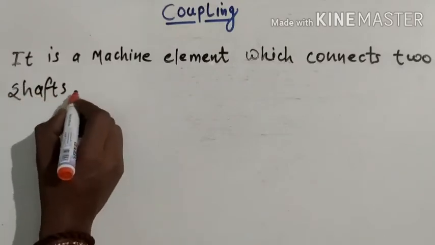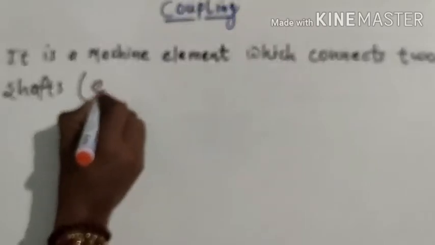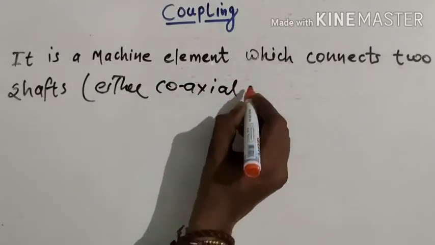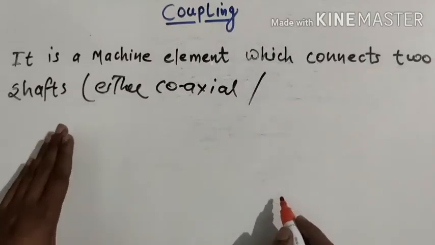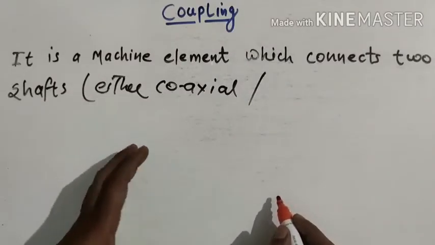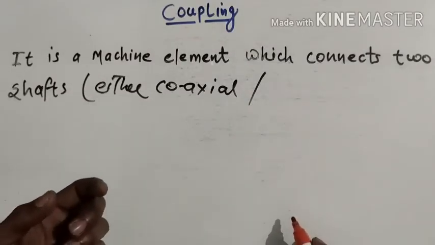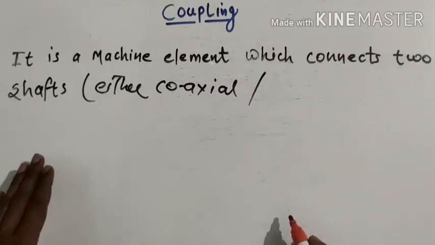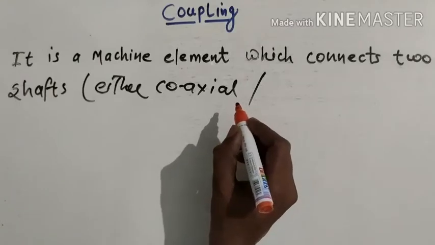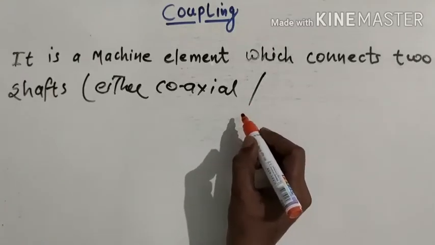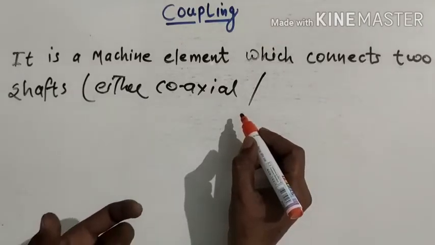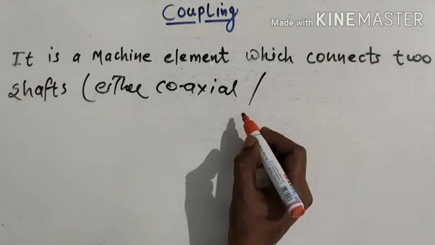The shafts may be coaxial, or the shafts may not be coaxial, meaning the axes of both shafts are different and not aligned. For this type of connection of two shafts, we use a flexible coupling.